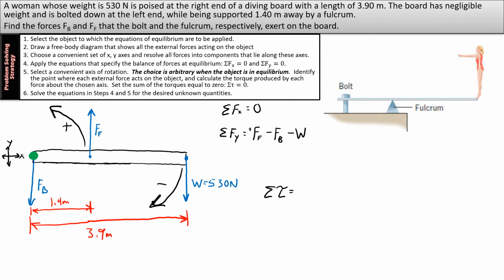So we'll start with that one. It's good to work left to right. The net torque is equal to the torque supplied by the bolt, which we know is going to be equal to 0, plus the torque supplied by the fulcrum force, because it's going counterclockwise, so that's positive, minus the torque supplied by the weight, because the weight is making you go clockwise about this axis that we picked.